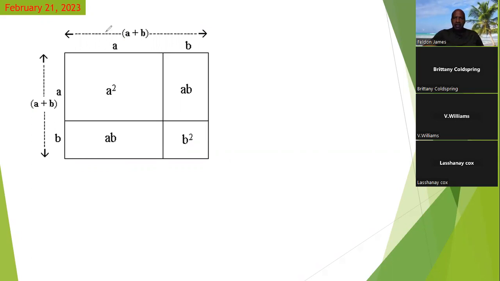So if we look at what this diagram is portraying, I know it doesn't look perfectly like a square, and in mathematics, when we draw something that is not dimensionally correct in terms of the measurement, we generally say that it is not drawn to scale. So if it is not drawn to scale, that means the measurements are not absolutely accurate.